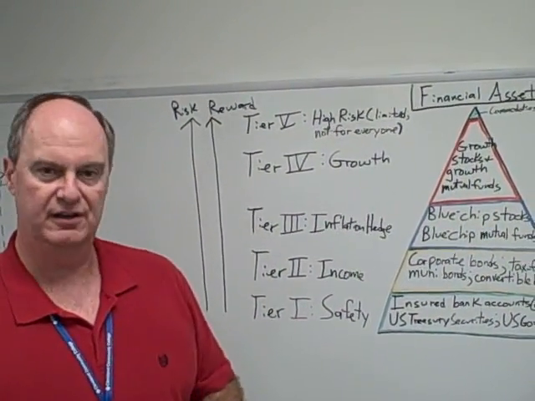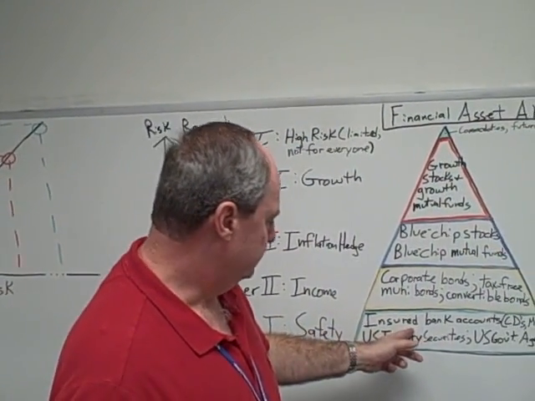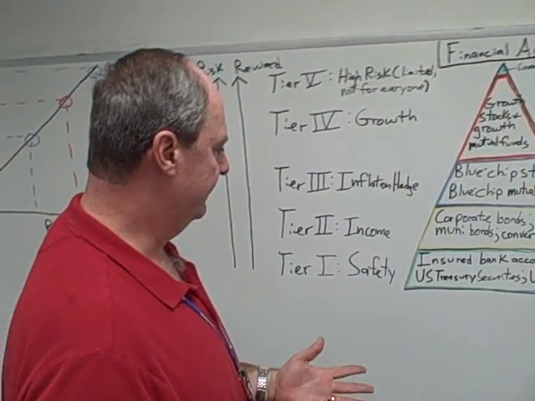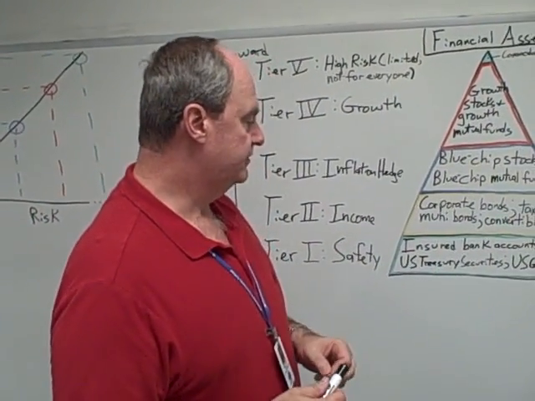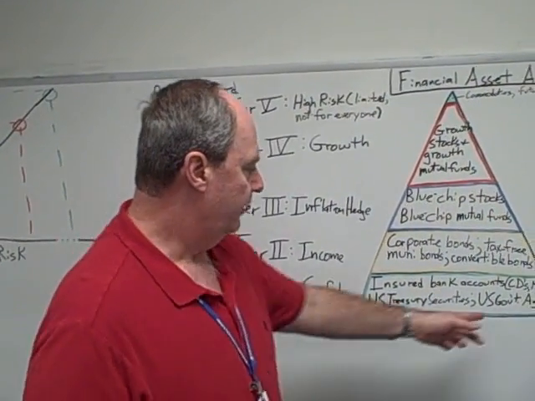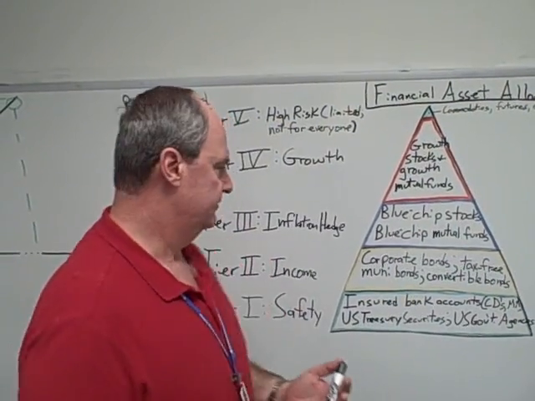They lost not a single penny's worth of value. They're things like insured bank accounts, such as certificates of deposit, money market accounts, U.S. Treasury securities, T-bills, T-notes, T-bonds, and also U.S. government agency securities like USDA bonds.